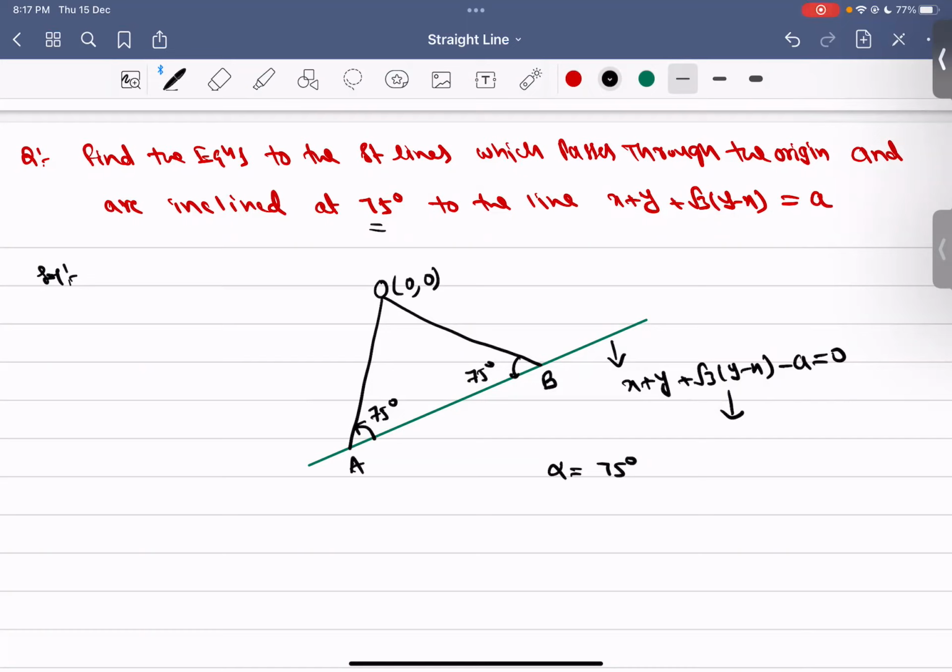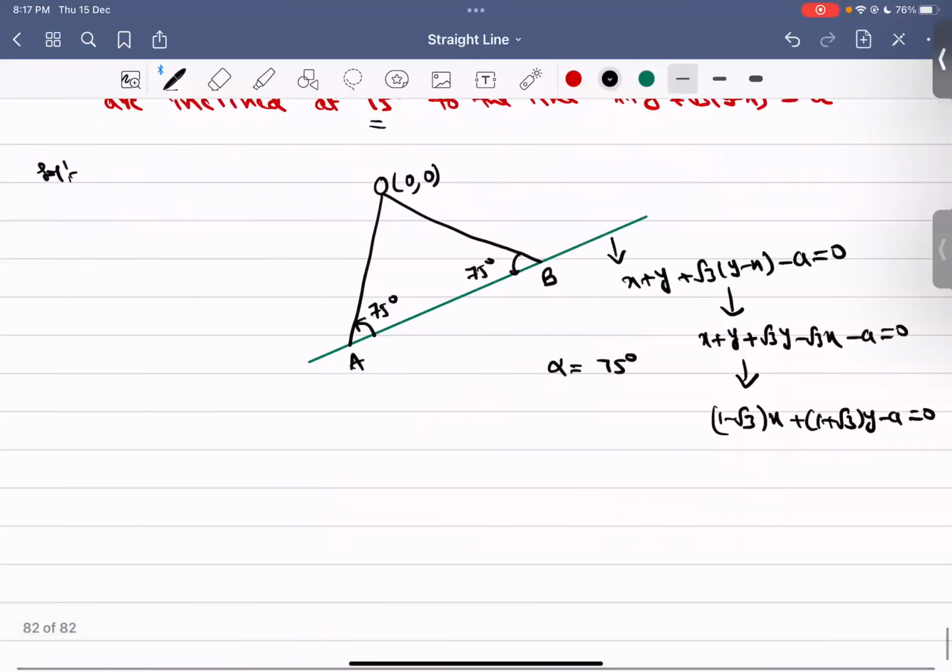If you write this equation by rearranging terms, x plus y plus root 3y minus root 3x minus a equal to 0, you can write this line equation as 1 minus root 3 into x plus 1 plus root 3 into y minus a equal to 0. So this is the line of the form ax plus by plus c equal to 0. Now what is the slope of the line?